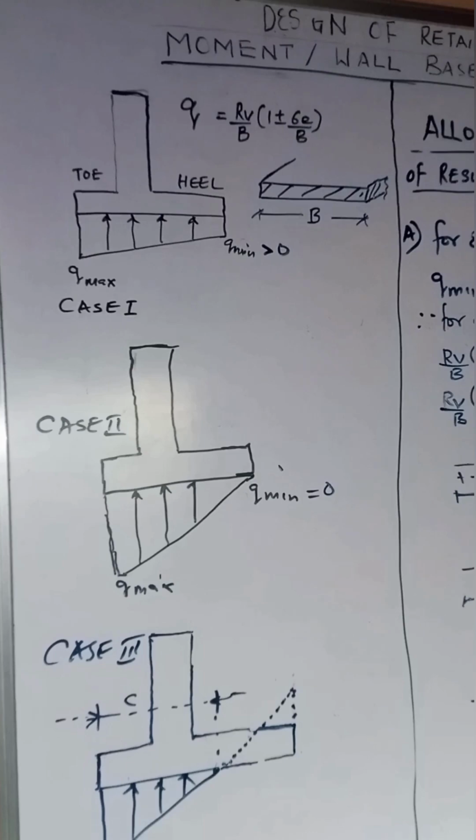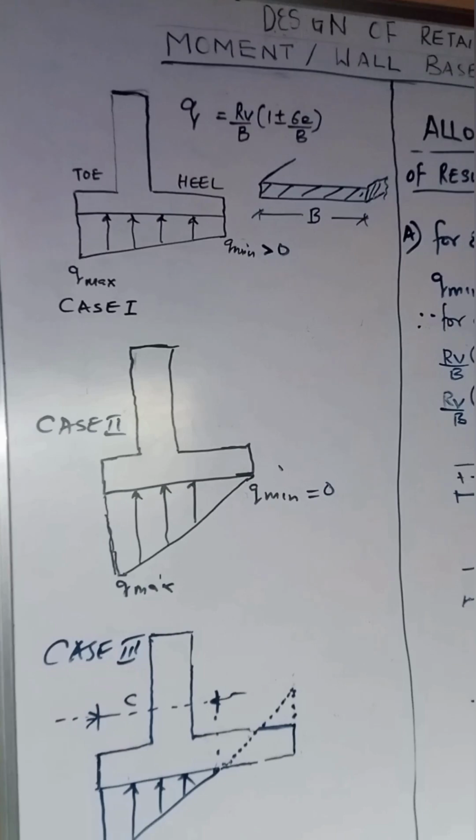Likewise, when the minimum pressure is equal to 0, the eccentricity is equal to B over 6. But let's look at how we derive the allowable eccentricity that is needed to obtain an effective and efficient base.